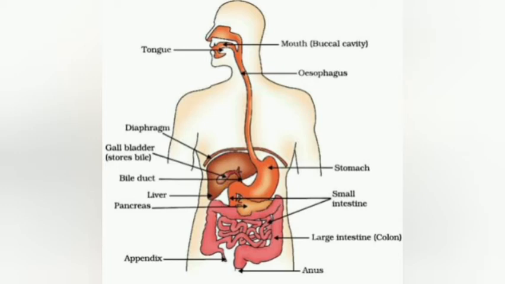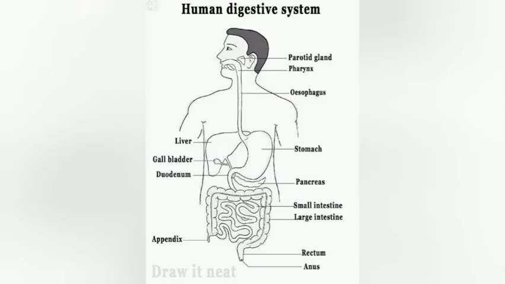Then food passes through a long and narrow tube called the small intestine. The majority of digestion takes place in the small intestine, and then at last the remaining materials reach the large intestine, and the waste materials are stored in the rectum and pass out through the opening called the anus.